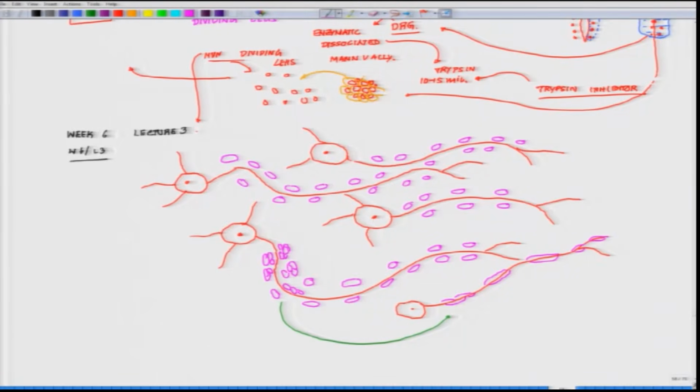Or this may not even ever happen. So, they go and close in there and start forming the sheets like this. They go and wrap around it. This is one thing which could happen.